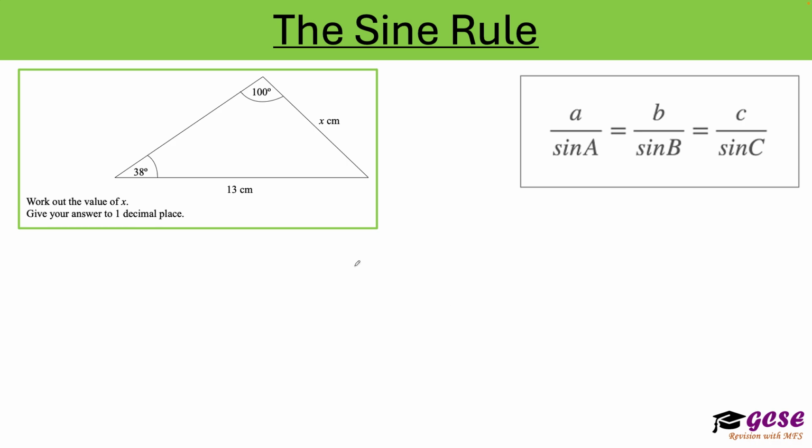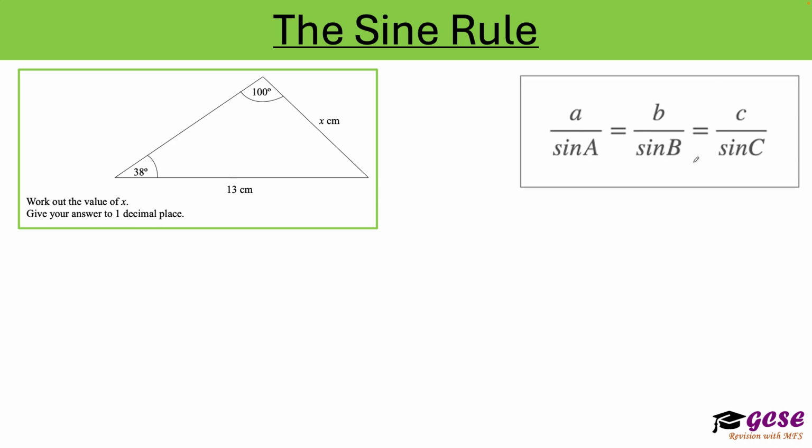Now, the first step with any question, such as this one, is that you need to label your corners and your sides. It doesn't matter how you label them, but there's just one key fact that you need to remember. We're going to label each of these three corners A, B, and C. It doesn't matter which order you do it, but just remember you need to label them A, B, and C, because the formula has A, B, and C. Realistically, you could label them whatever letter you want, but it will be a bit more confusing if you don't quite understand the sine rule.